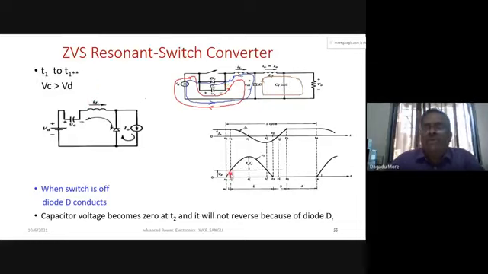After T1, the energy stored in the inductor will freewheel through this path. The capacitor current, which was earlier flowing in the previous path, will now flow through this. After T1, our diode will be on because of the energy stored in LF. It is continuous conduction current.